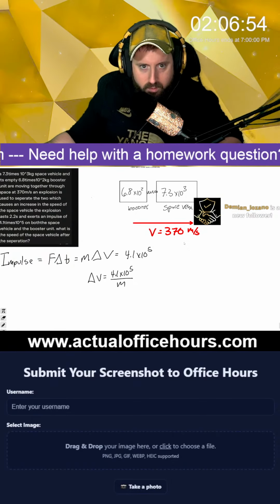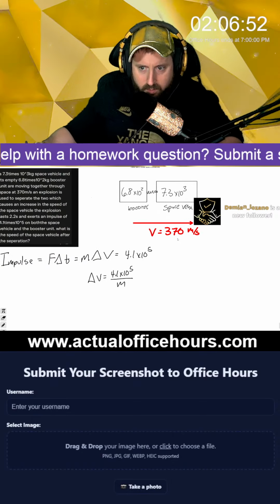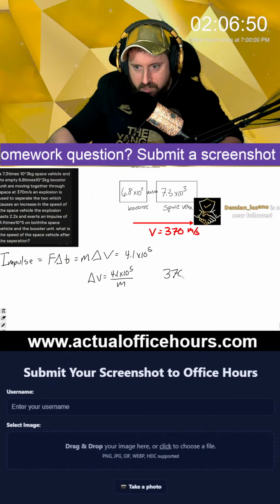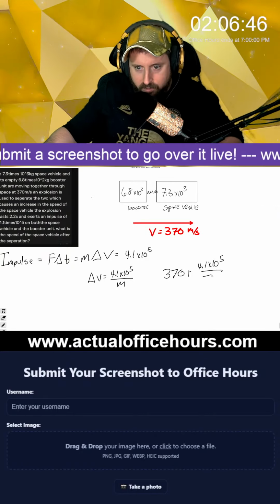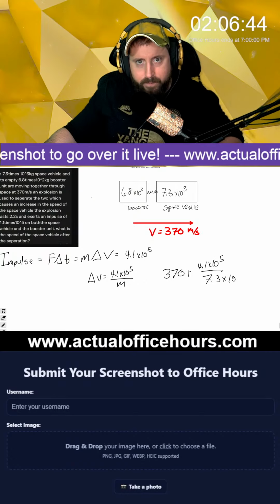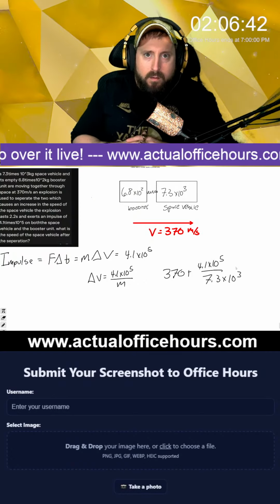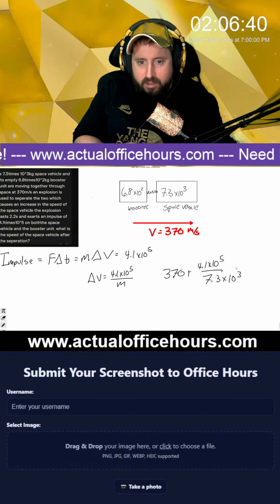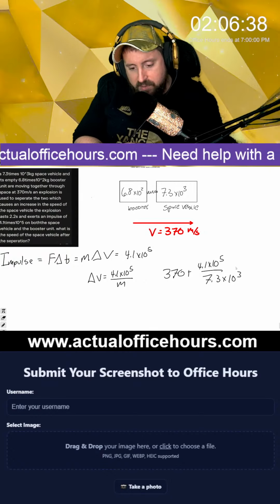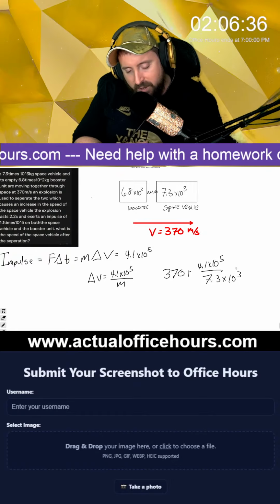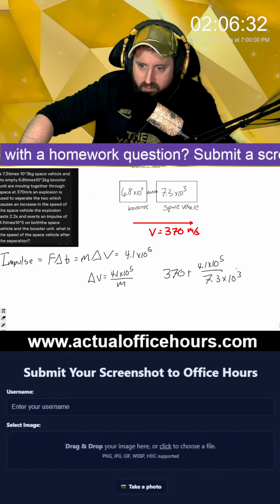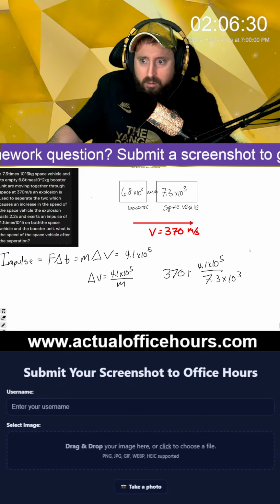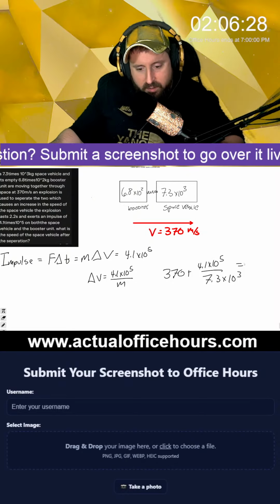Correct me if I'm wrong. I think it's just 370 plus 4.1 times 10 to the 5 all over 7.3 times 10 to the 3. Yes, exactly. It's changing momentum. Impulse is the same thing as dp/dt, but we assume the mass is constant. I think it's just this. Maybe I screwed up the signs a little bit.